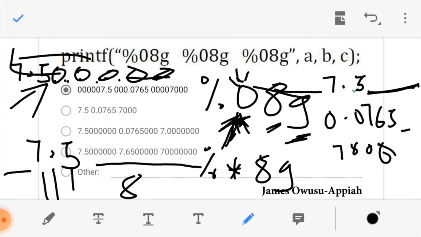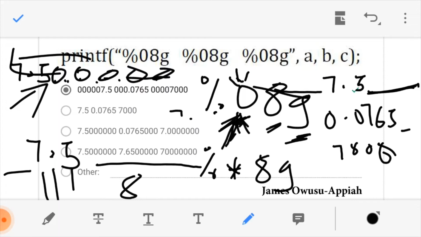So instead of you getting, maybe you thought it would be 7.5000, or 7.5 space, it would actually be space 7.5 so that it would meet the minimum requirements for the percentage G.